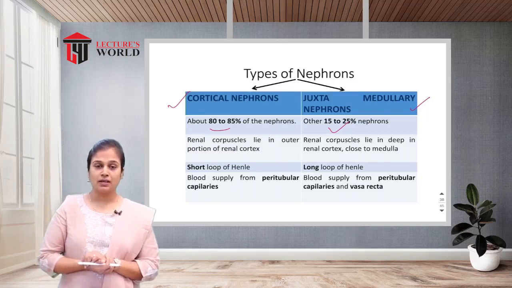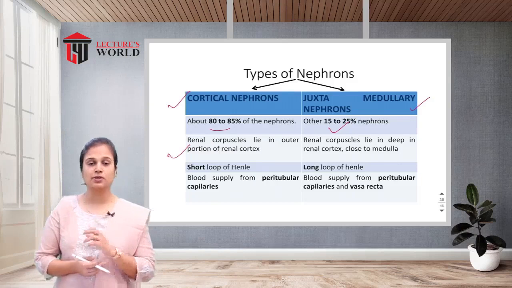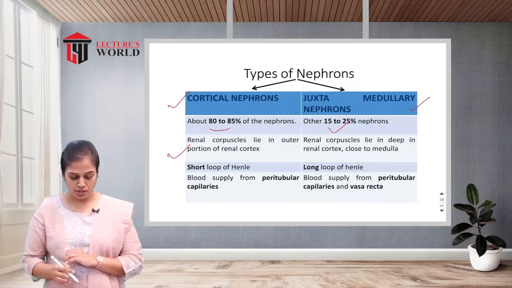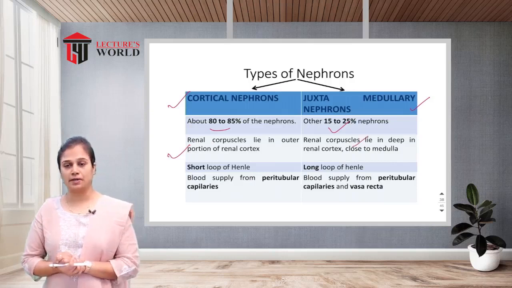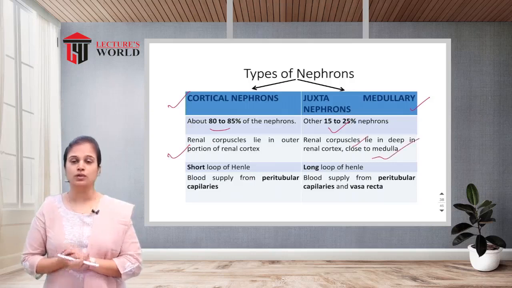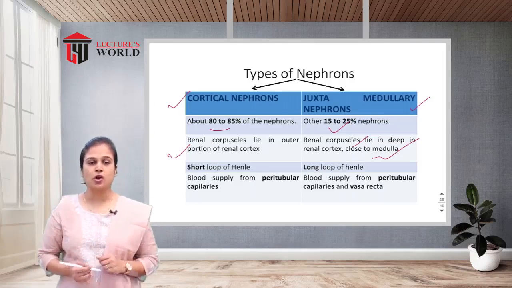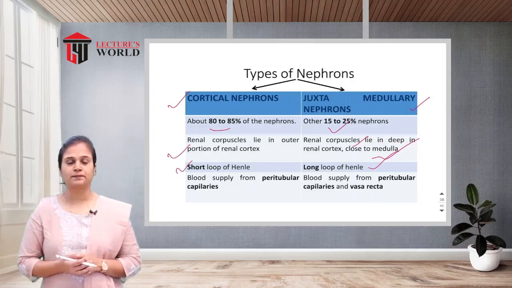In cortical nephrons, the renal corpuscle lies in the outer portion of the renal cortex, whereas in juxtamedullary nephrons, the renal corpuscle lies deep in the renal cortex, close to the medulla. Cortical nephrons have a short loop of Henle, whereas juxtamedullary nephrons have a long loop of Henle.